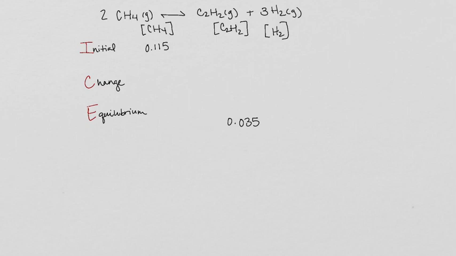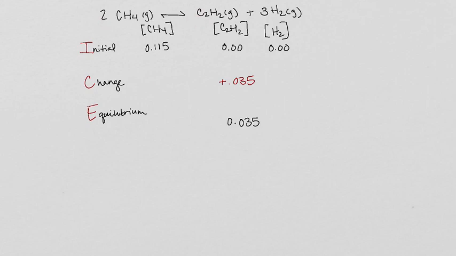So we know that our initial concentrations of our products are 0. So we can put those in. And we know that our change for ethyne must be plus 0.035 because that's how we get to our equilibrium concentration here. So we look at our equation up here and we see that there's 1 mole of ethyne for every 2 moles of methane.